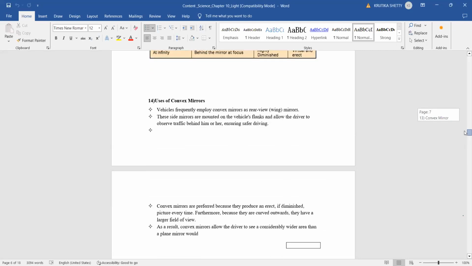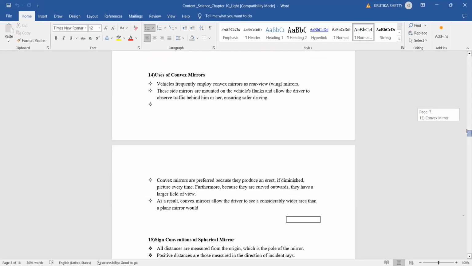So here convex mirror uses are there. See, vehicles frequently employ convex mirrors as the side mirrors. These side mirrors are mounted on the vehicle's flanks and allow the driver to observe the traffic behind him, ensuring safe driving. Convex mirrors are preferred because they produce an erect, if diminished, picture every time.